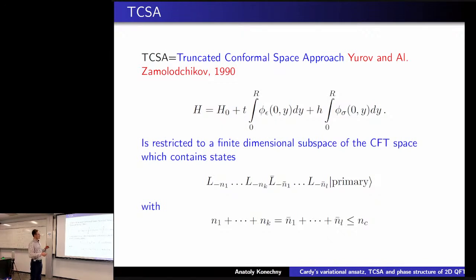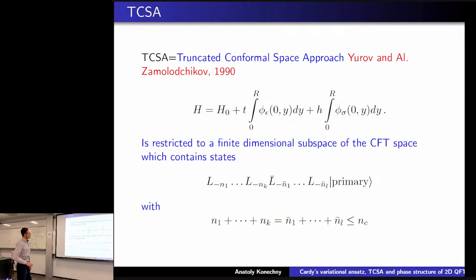The momentum along the circle is also conserved, so I can restrict myself to any momentum sector, and typically people take just the zero momentum sector because this is where your vacuum state will be sitting.